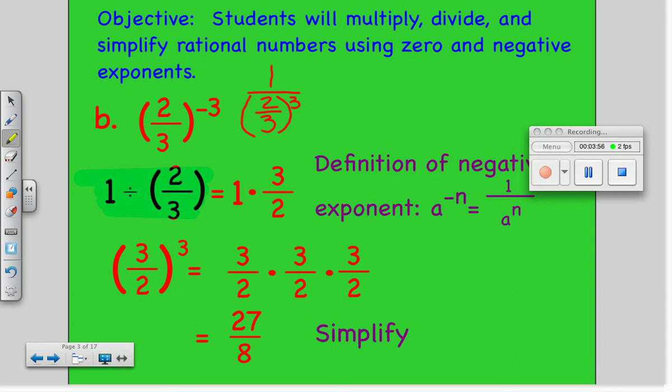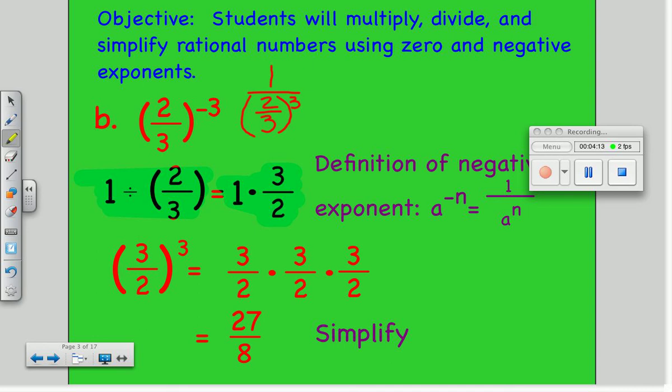We need to multiply by the reciprocal. So we're going to change this from 1 divided by 2/3 to 1 times the reciprocal of 2/3, which is 3 over 2.